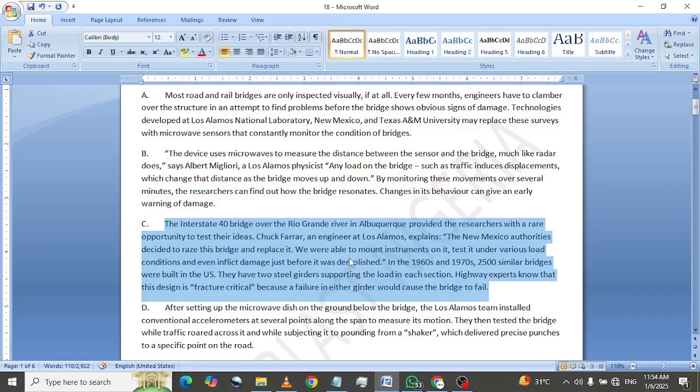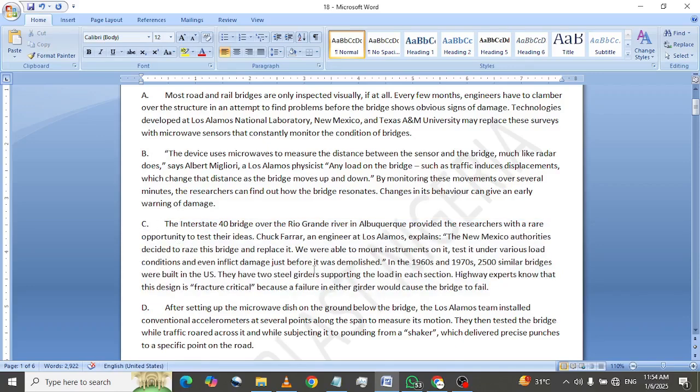This is because in matching information, the information you are looking for may not come word for word the way it is in the question. They may present it in the form of explanation or description. So that's why we have to read the whole paragraph. So let's read.